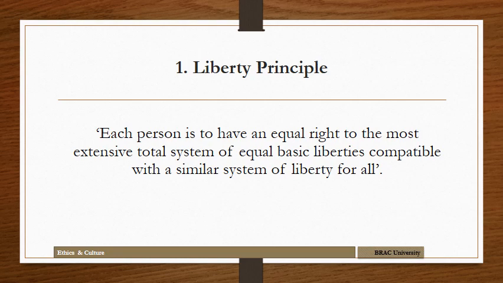Sometimes we observe reservations among a few people in the society in terms of ethnicity, religion, family, nationality, language, and so many other social dynamics. In this case, to practice our liberty, we must respect others' liberties as well.